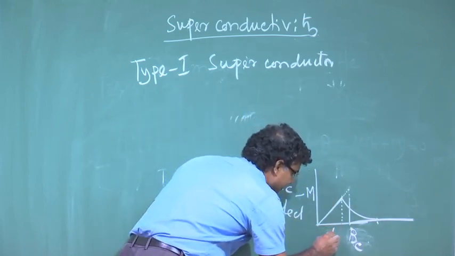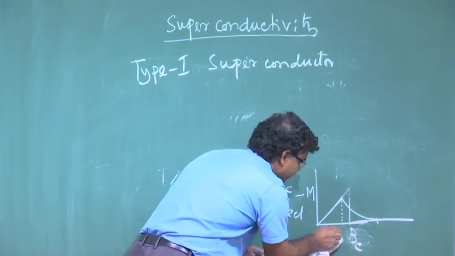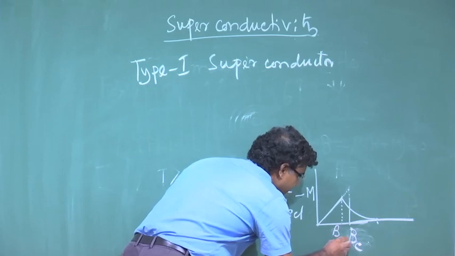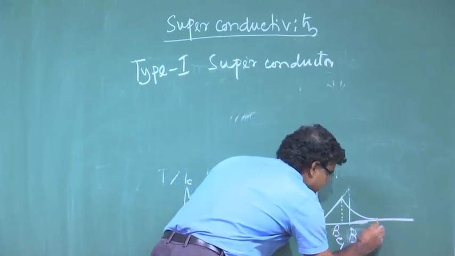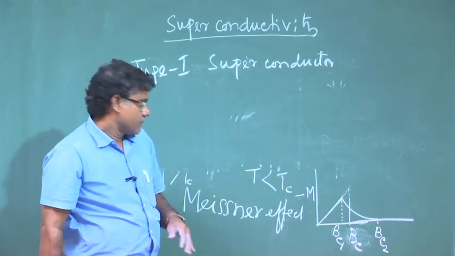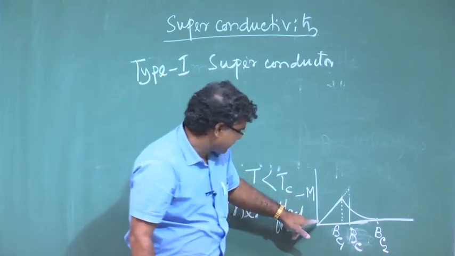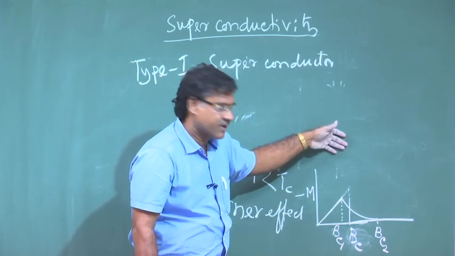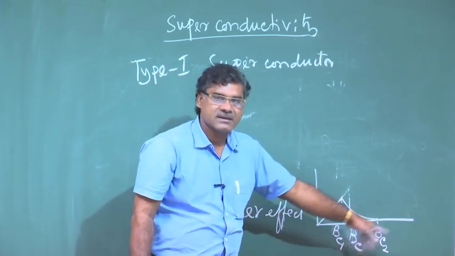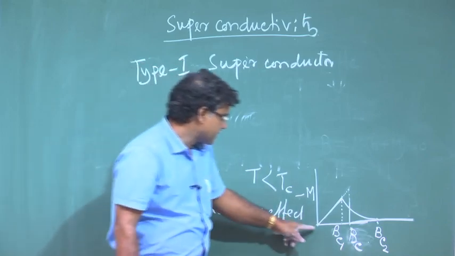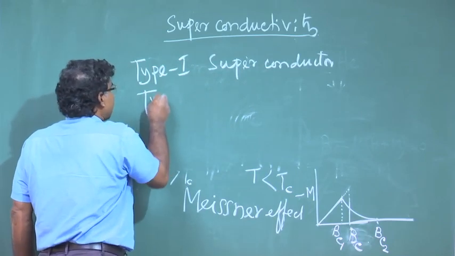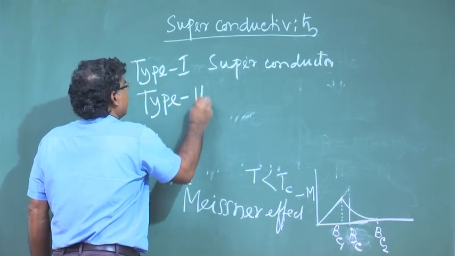So, this we call HC1 and this HC2. Now, if some material follows this type of behavior, minus M versus this magnetic field, then we say the material is a superconductor, a type 2 superconductor.